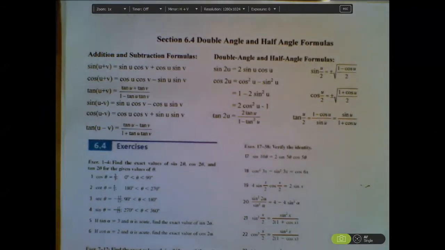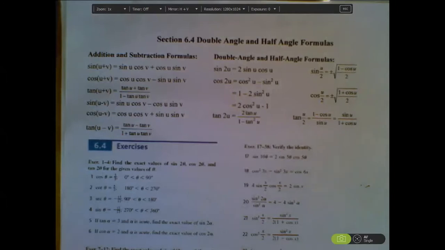I think we found some trigonometric function for, say, 165 degrees by writing 165 degrees as 135 degrees plus 30 degrees.